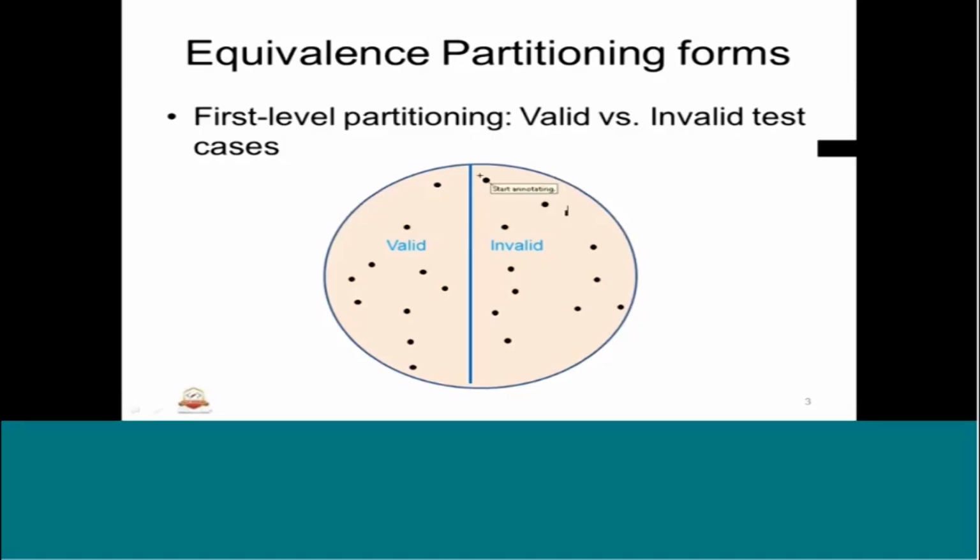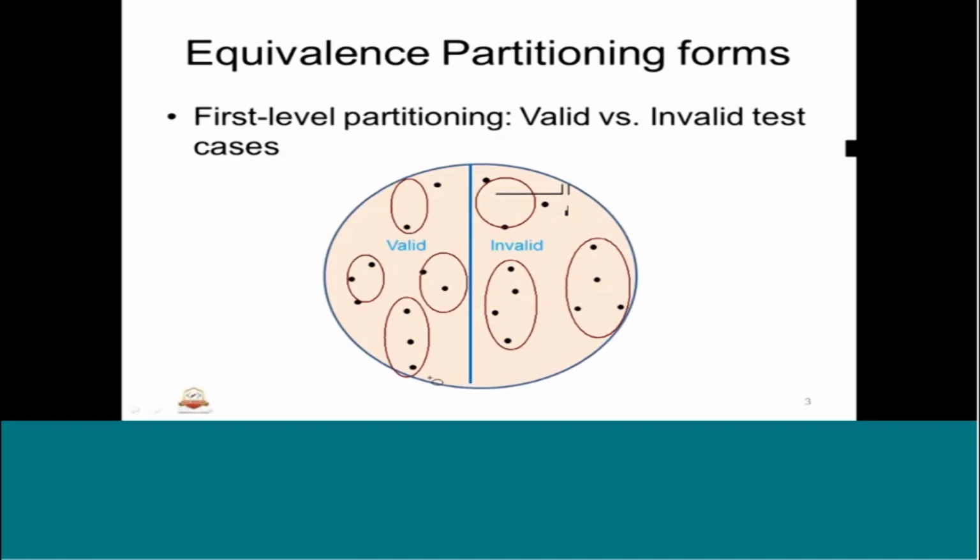Further we are going to group them, say this is one set, this is another set, this is another set. So for valid, some 4 are there.